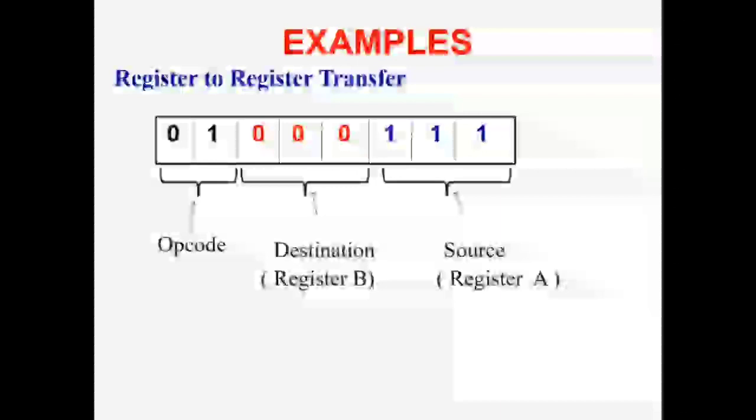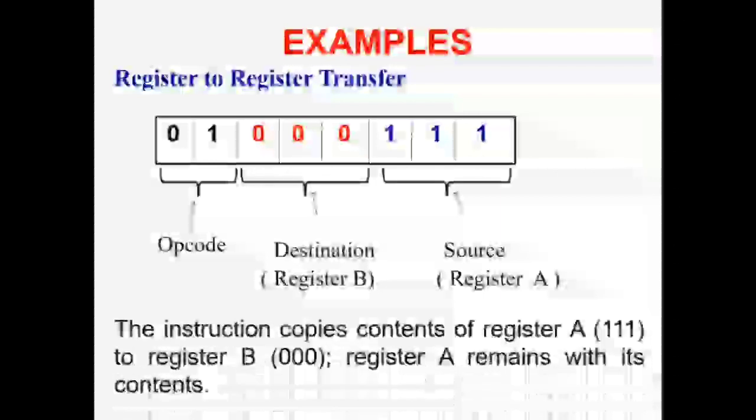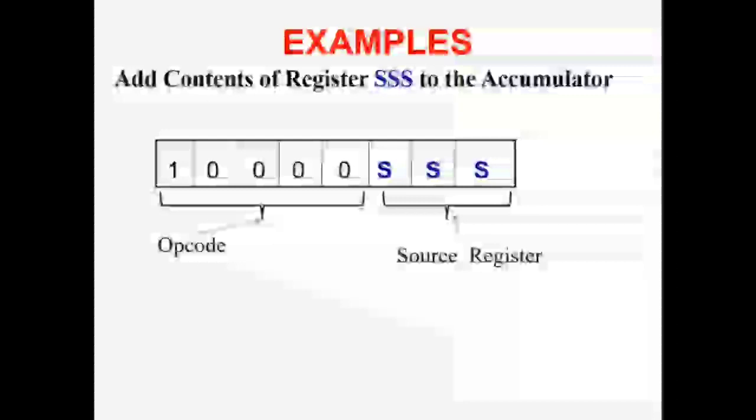The machine language for register-to-register transfer begins with 01, that is the operation code. Then the next 3 bits stand for the destination register. And the remaining 3 bits are the code for the source register. So we discussed some examples.